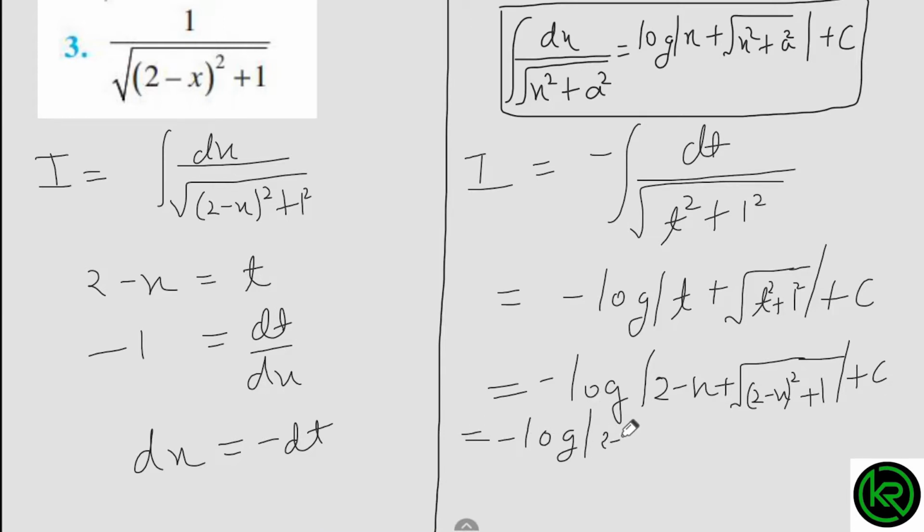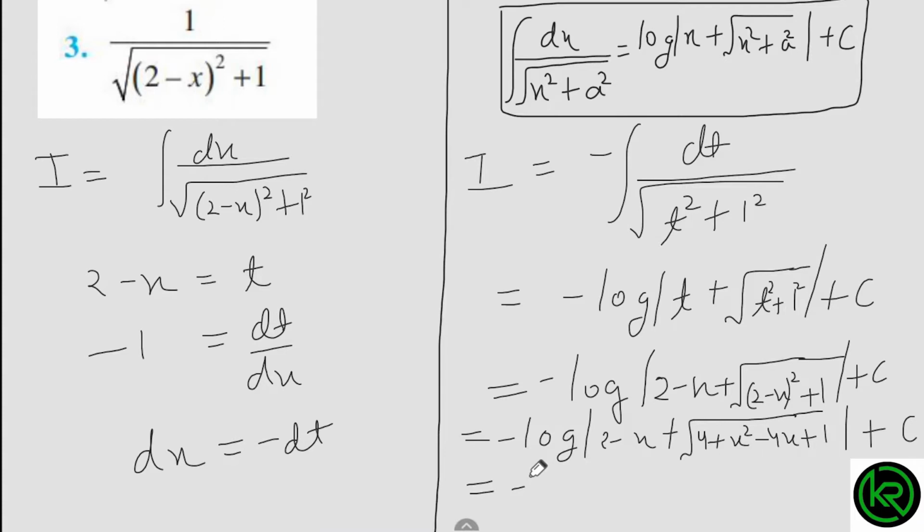A minus b whole square is students, a square 2 to the 4, b square is x square, and minus 2ab means minus 2 into 2, 4x, plus 1 mod close and plus c.